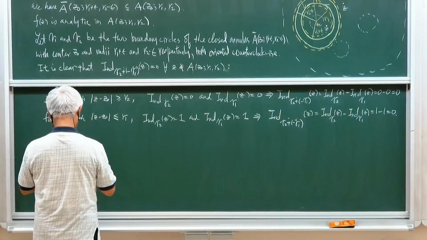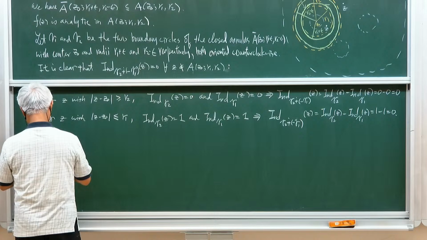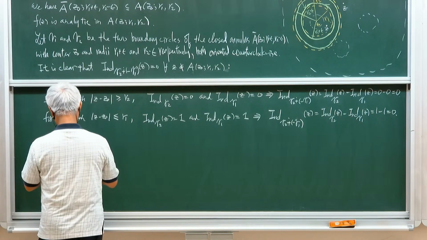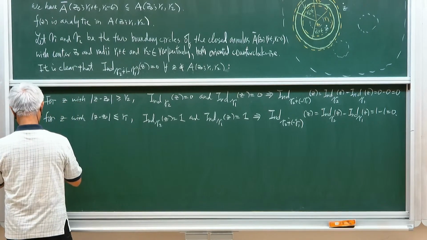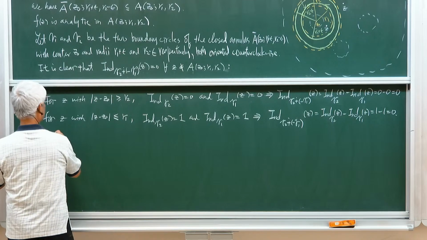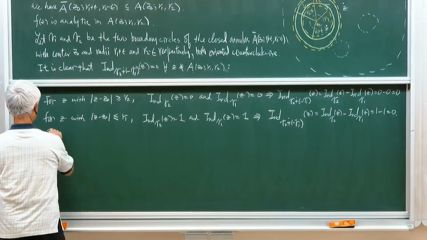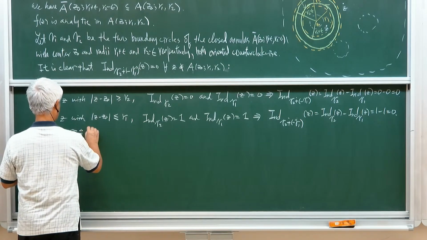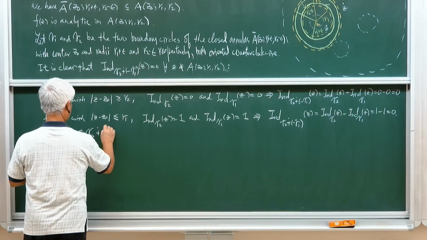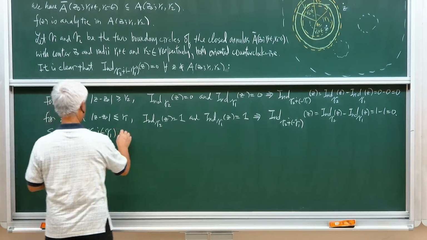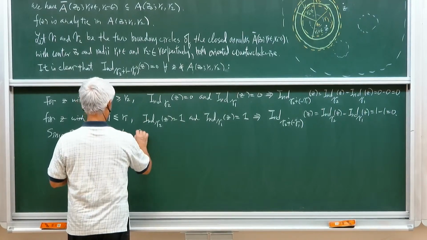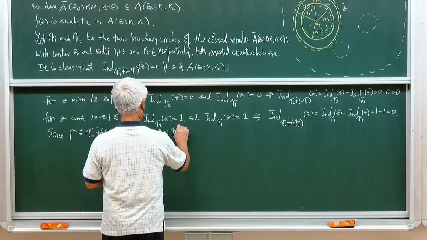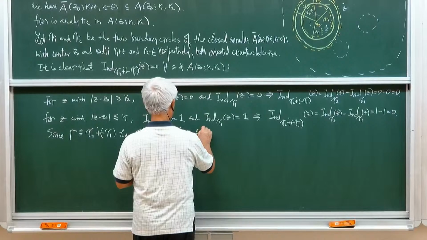And then furthermore, since gamma, which is defined to be the cycle, has gamma star, the gamma star is gamma 2 star union gamma 1 star, contained in the open annulus.